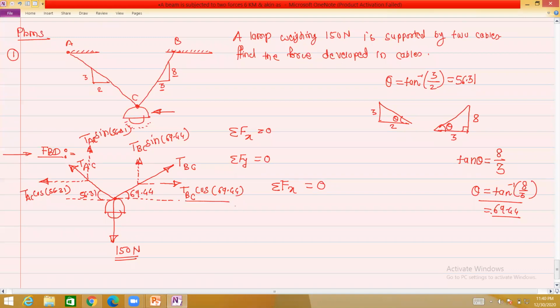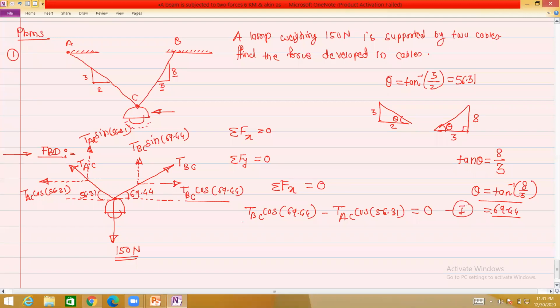First is the tension BC cos 69, and it is acting in the positive x direction, so it is plus. Second force is tension AC cos 56.31, so it is minus. Only two forces act in the x direction, so this summation Fx must be equal to 0. Okay, so this is the first equation.